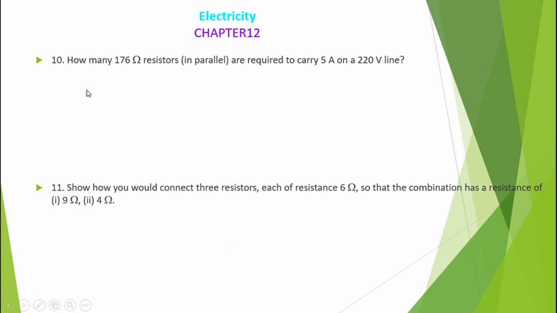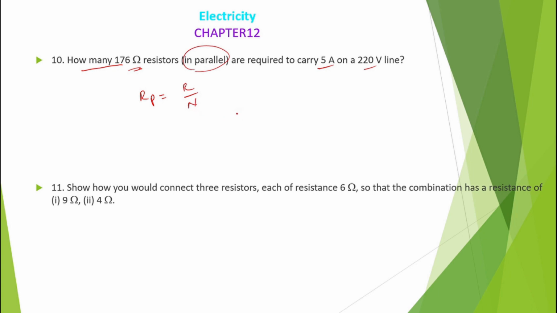So next question is asking, how many 176 ohm resistors in parallel are required to carry 5 amps on a 220 volt line? Okay. He is asking how many resistors. This is a parallel connection. That means RP. RP is equal to resistance divided by the number of resistors we want.